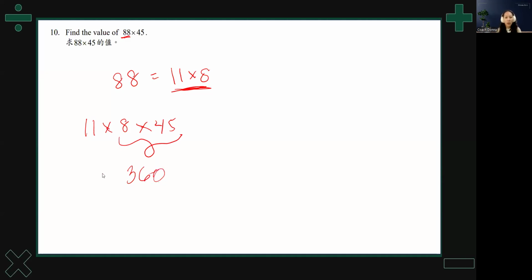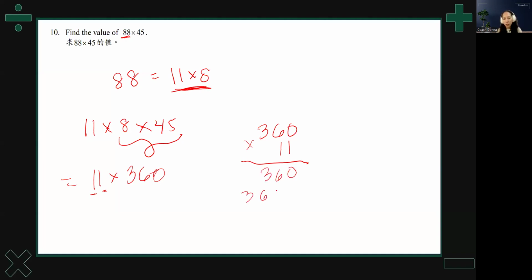Okay, if you have 360, 11 times 360 would be the result, right? Now, it's much easier to deal with because we have a 1 here. So this is what you're going to do. If you multiply it by 11, you're going to write it like this. Since we're multiplying it with 1, you can just copy 360.